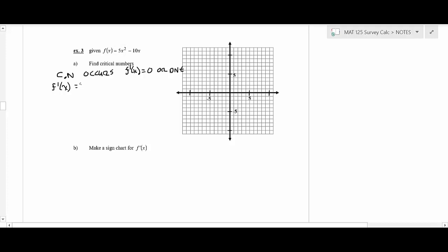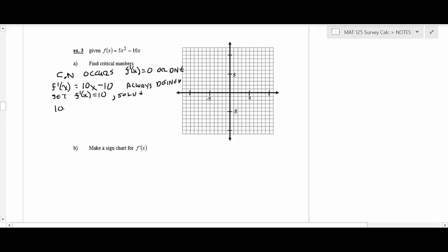So that would be 10x minus 10. Now that derivative is always defined. That's a line, it's defined everywhere. So what we're going to do is set this equal to 0. To find the critical number, you set the derivative equal to 0, and then you solve the equation.